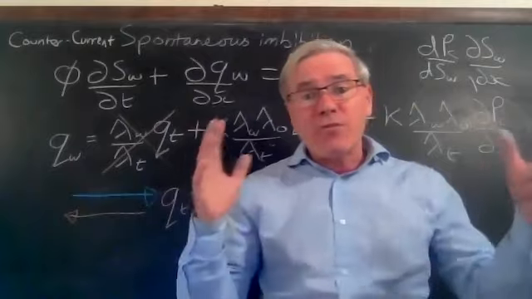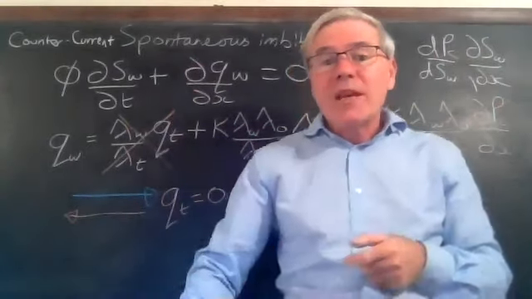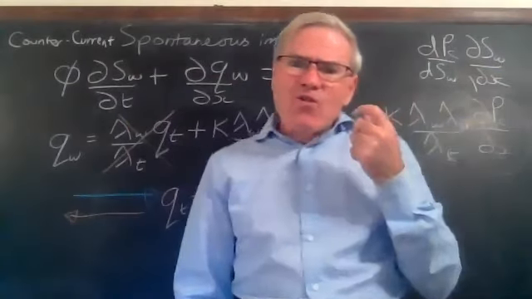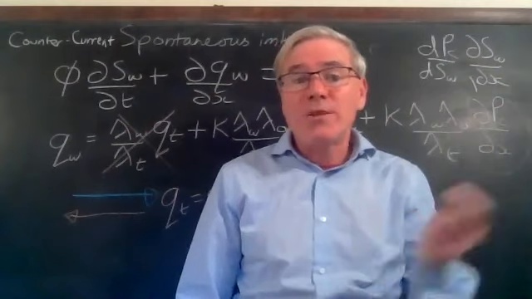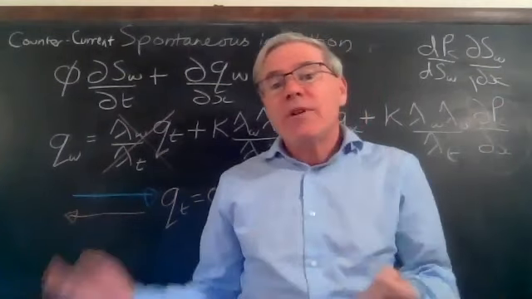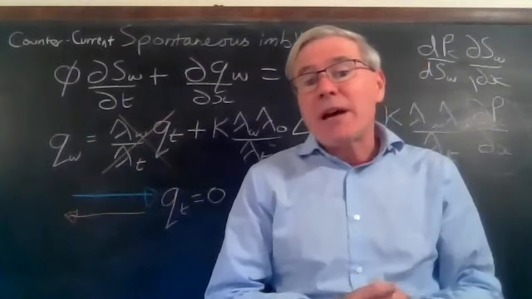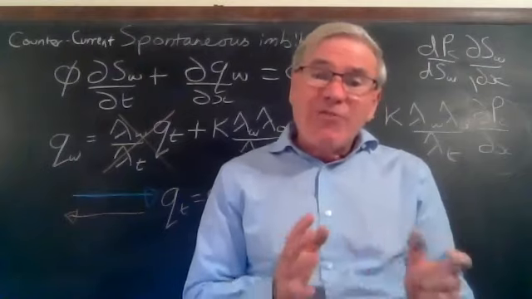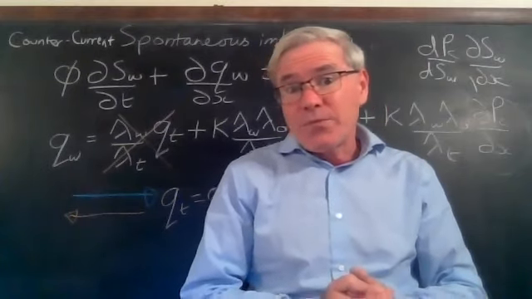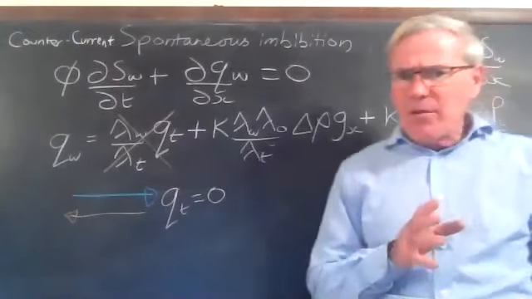When we're looking at fractured reservoirs, we tend to have matrix blocks that are of the order of a meter. The gravitational pressure drop that will drive flow, delta rho g h: h is about 1 meter, g is about 10, delta rho is about 300 kilograms per cubic meter. So we're looking at a few kilopascals. On the other hand, we've got here a driving force due to capillary pressure.